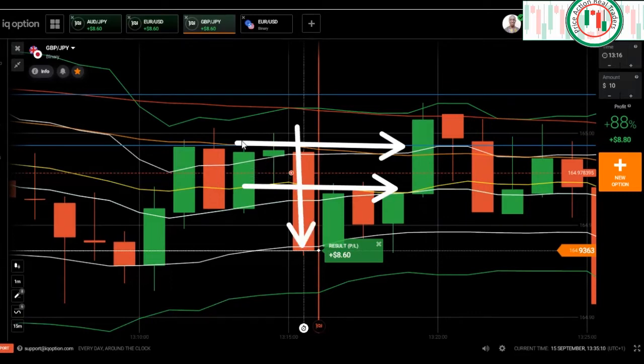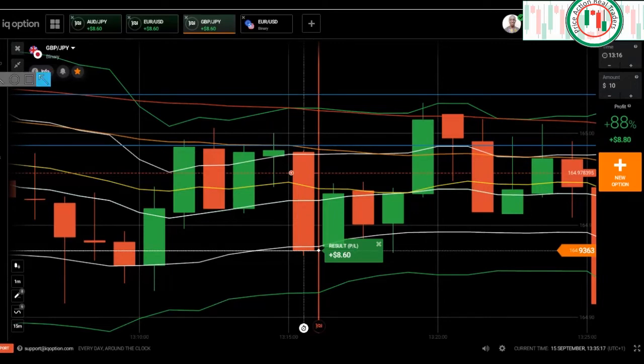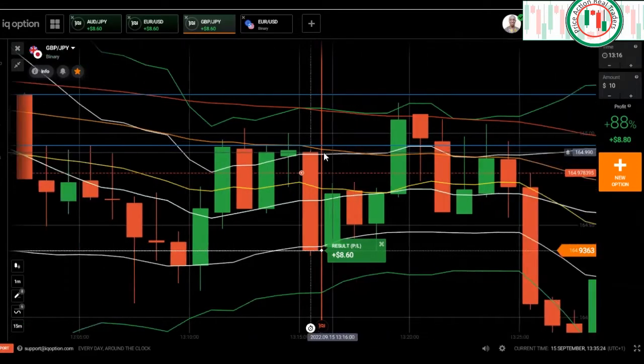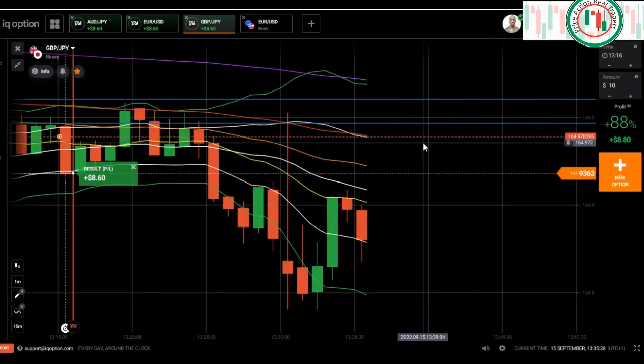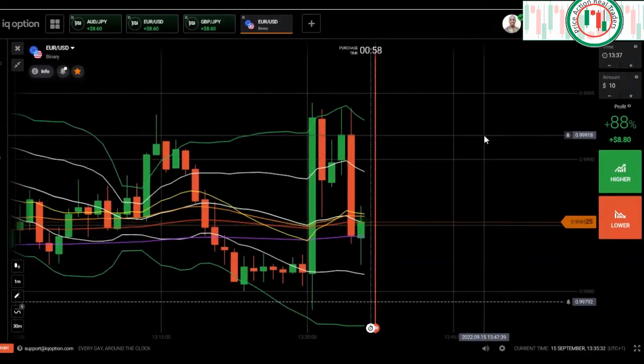Why? Because of the ranging market, and I'm very close to the 20 and 50 EMA. Always, any EMA you are closer to, the market will be pushing up and down, up and down. So you have to be very careful in this situation.